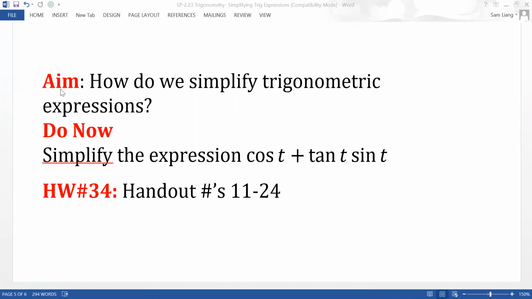All right, would anyone like to offer up an answer? What do they get for the final expression? Huyan, did you raise your hand? Okay, you got a secant t. Anyone else get something else besides secant t?